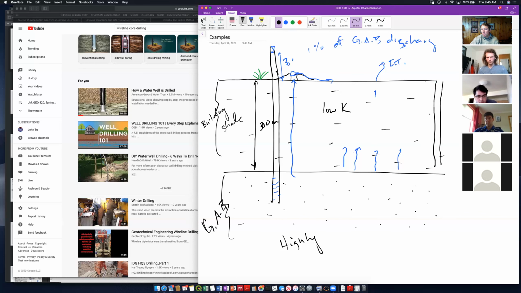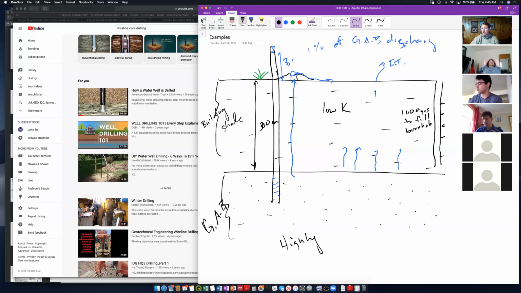It would take 1,000 years to fill our borehole. It's just so low conductivity that the water leakage out of the shale into the hole, it would take 1,000 years to fill it up.